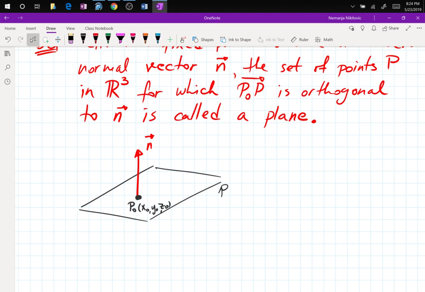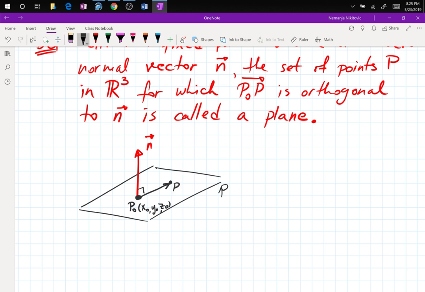This plane is the set of all points containing a point P, which has coordinates x, y, z. So what is point P? Point P is all of the points that you can possibly put anywhere. Each one of these is a point P, one at a time. So you pick a point P somewhere and you stretch a P0P vector.